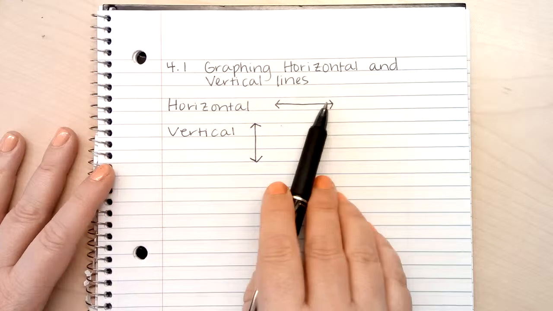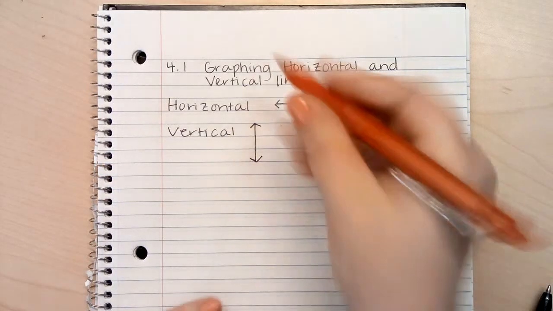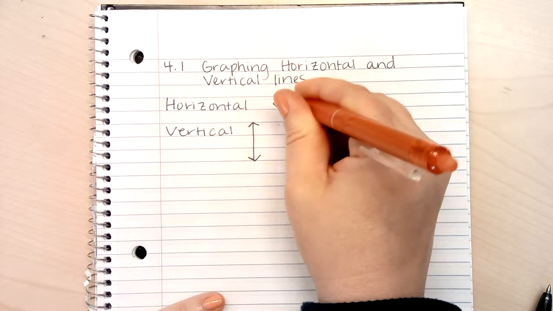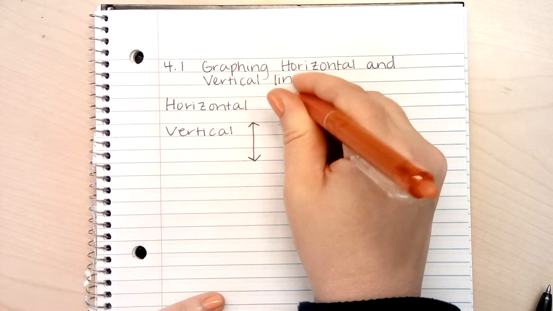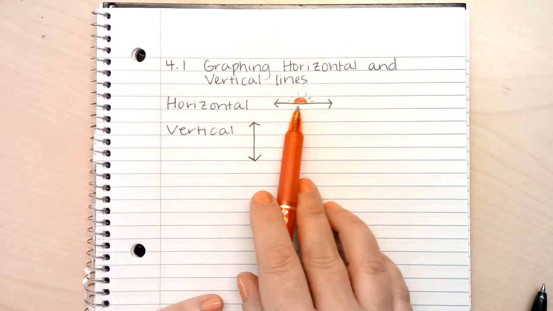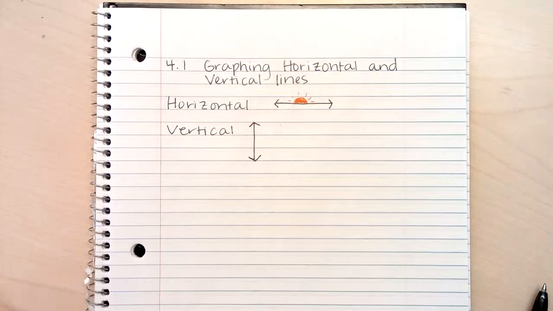When you're looking out at the horizon and you see a sunset, the word horizon is this horizontal line for the earth, and then vertical is straight up and down. So when we graph horizontal and vertical lines, they look like this.